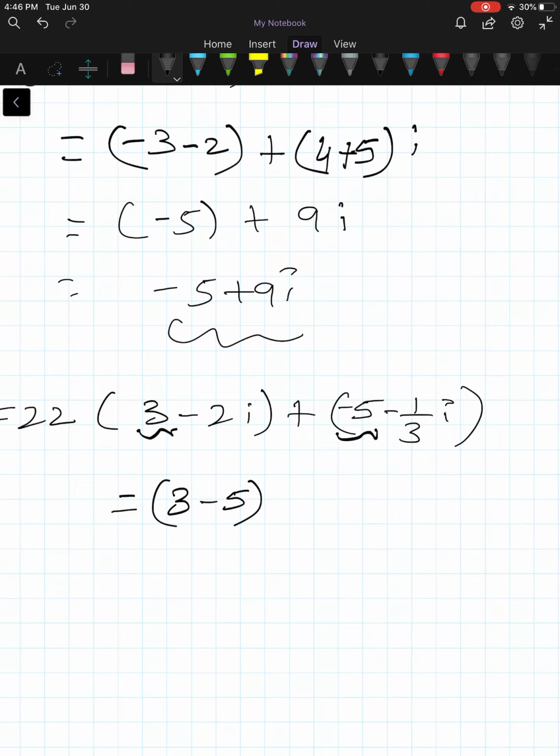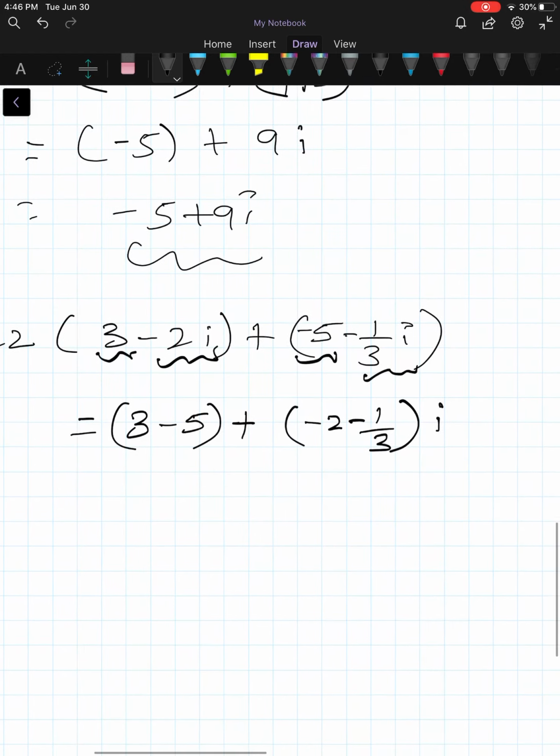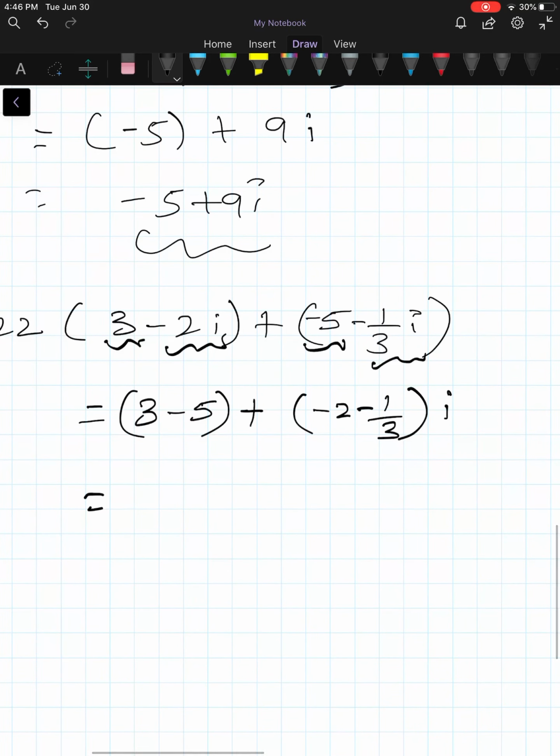So this will be 3 minus 5, and you have -2i and -3i as the imaginary parts. So plus -2 minus 1/3 times i. So 3 minus 5 is nothing but -2, plus the one in the brackets has to be simplified using the LCM method.